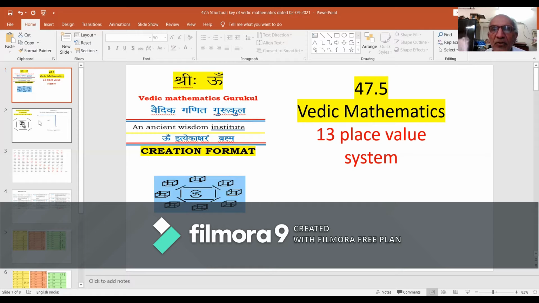Therefore, the mathematics of four space becomes the mathematics of the 13 place value system. The mathematics of three space remains restricted to the mathematics of the 10 place value system.